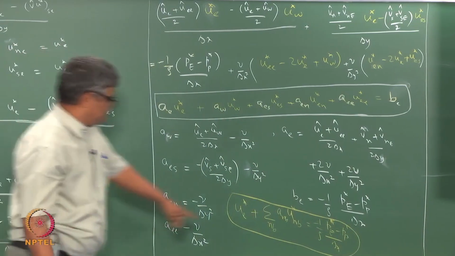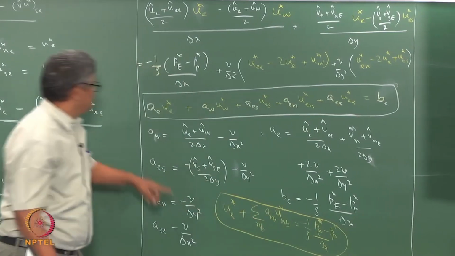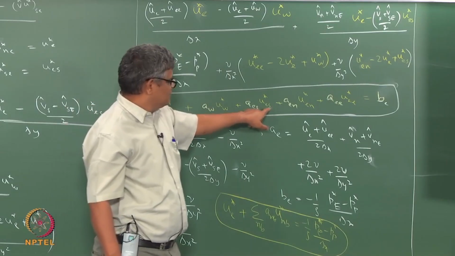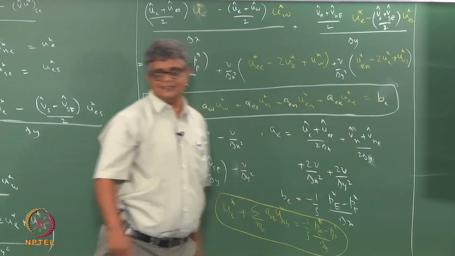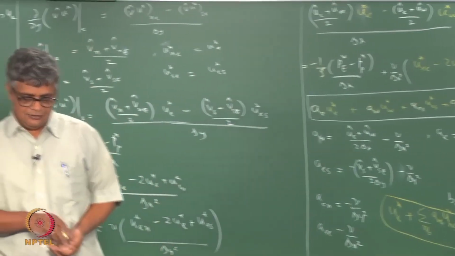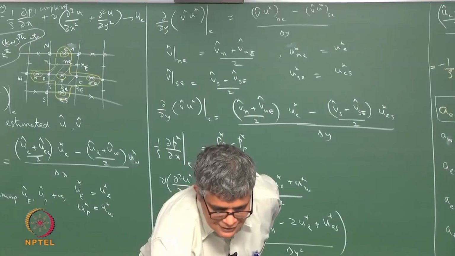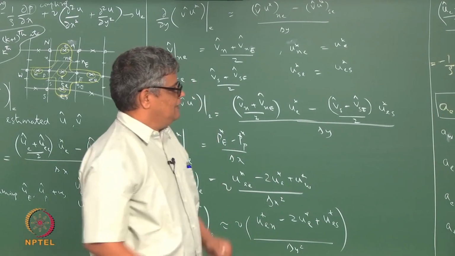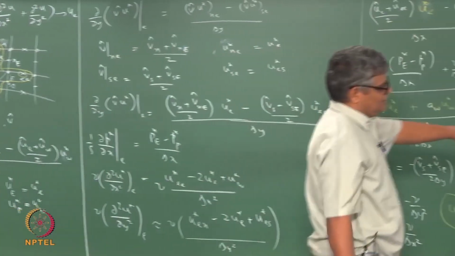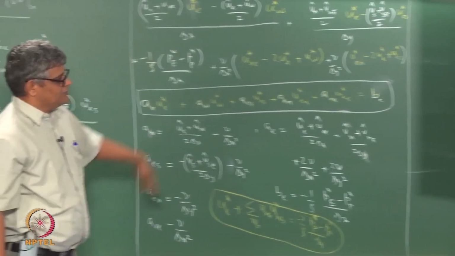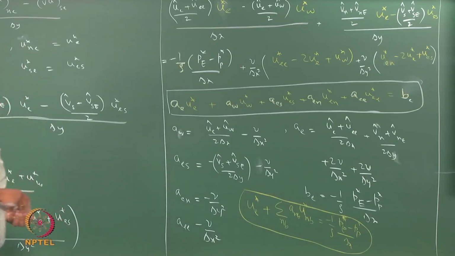Where the neighboring points are the neighboring points for E, which happen to be the west side, east south, east north, and east east. And so we can, coming back to this here, that is what we have written here, and we have the coefficients, and the corresponding coefficients can be written in this particular way.